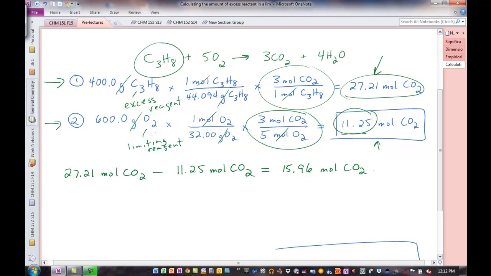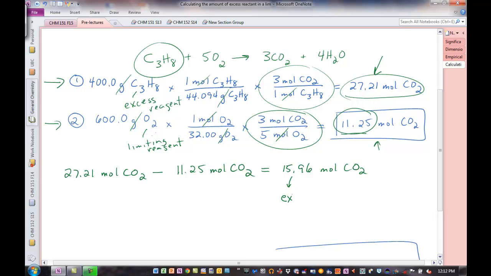Now, why would we want to do that? Where does that get us? We did these two calculations, so this is pretty easy. We can just subtract the smaller amount from the larger amount, and we get this number. So what does this mean? Well, we will never get that extra 15.96 moles of CO2.